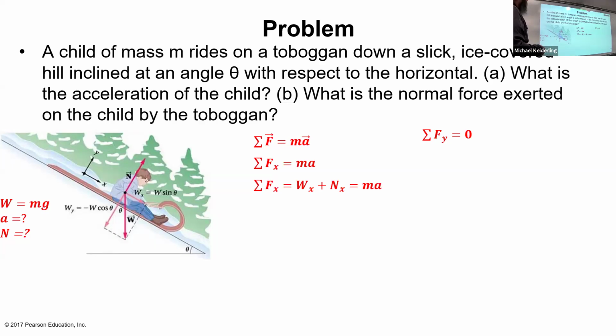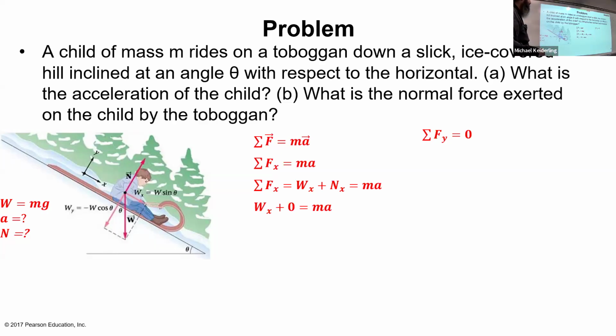So the sum of all the forces in the x direction is the x component of the weight plus the x component of the normal force. Those are the only two forces acting on this toboggan, because we haven't discussed friction yet. That's next chapter.